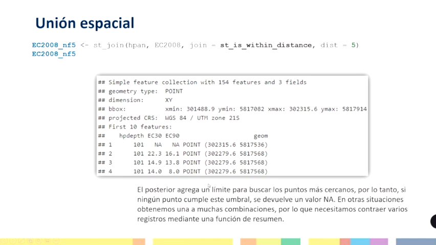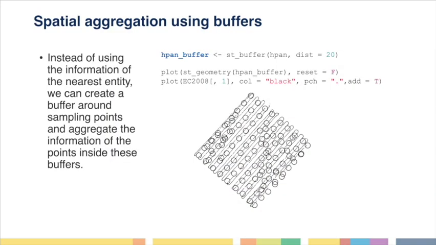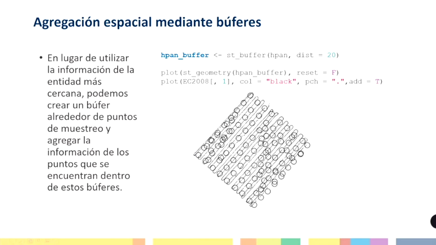And there's another option that's a little bit more robust, which consists of using buffers. The idea is that in every place where we've taken an observation by hand, we are going to create a circle in an area of around 20 meters. You can use another distance depending on the data set.